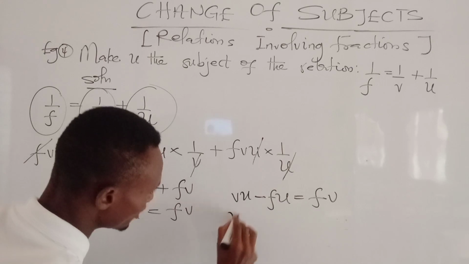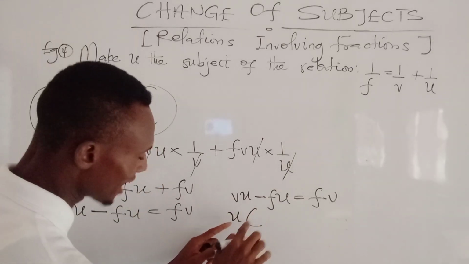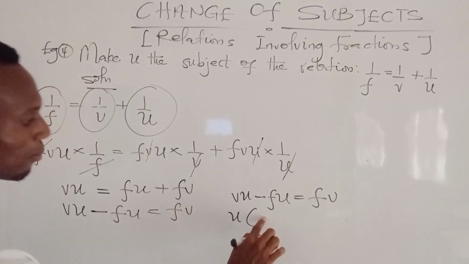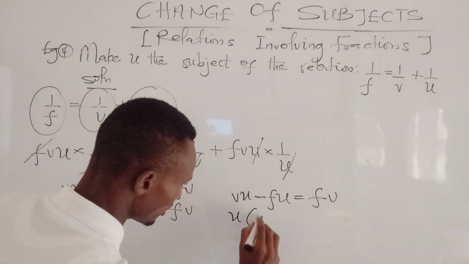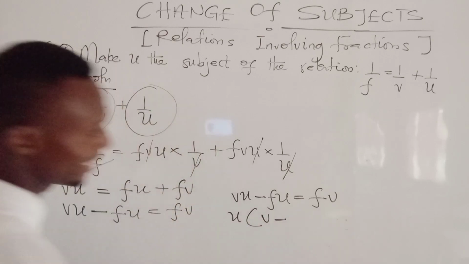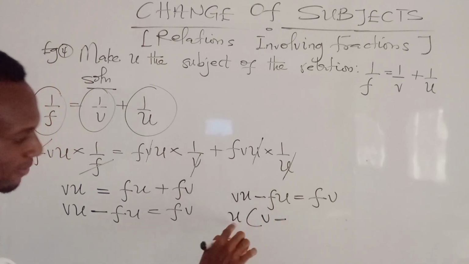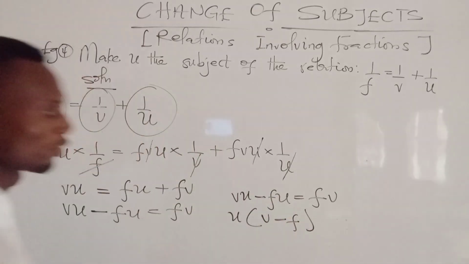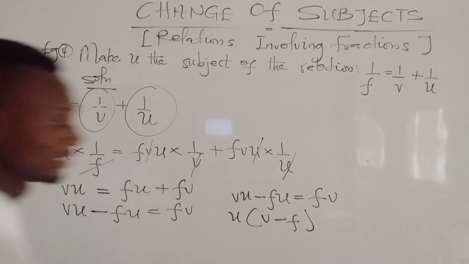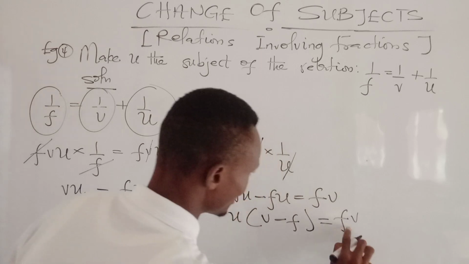So I'll factorize U out. I'll ask myself, what will I put here so that when I multiply it by the U, I'll get the VU back, and that is going to be V. Then you bring your minus, then you ask yourself the same question, what should I put here so that when I multiply it by the U, I'll get the FU back, and that is going to be F. Then you close your bracket. So that's the factorization. Then equals, then you repeat your FV, which is here.